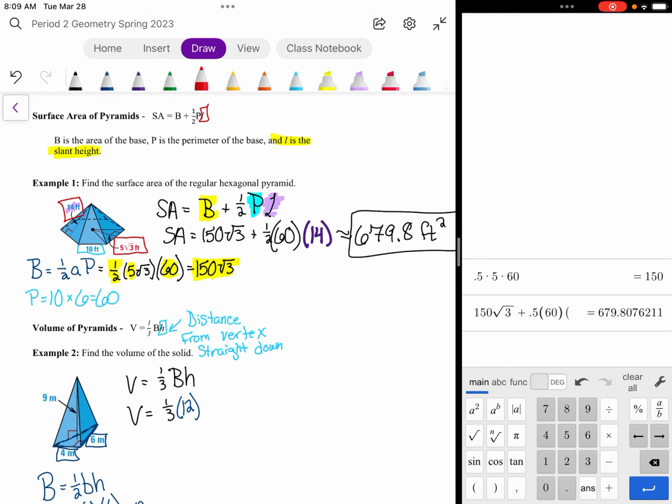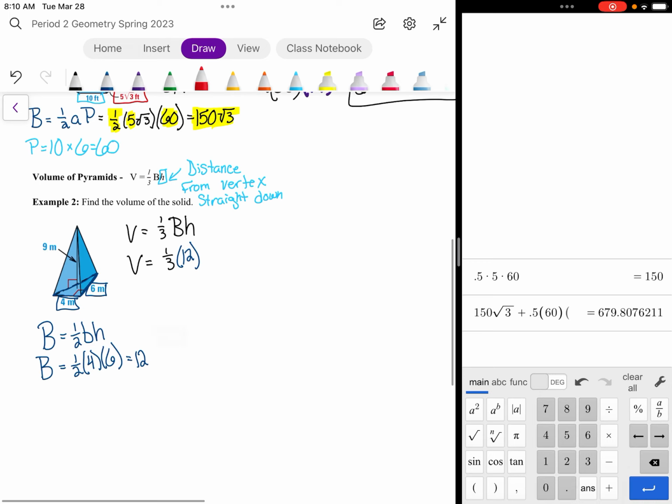And the slant height is the distance from the vertex to the middle of a side. So you do need to know the difference between slant height and height of a pyramid.